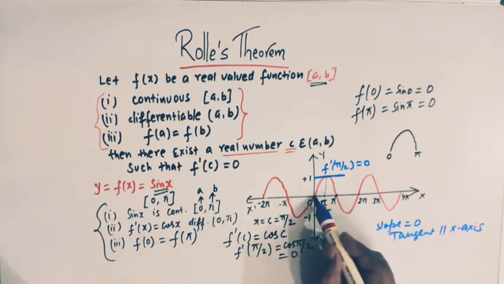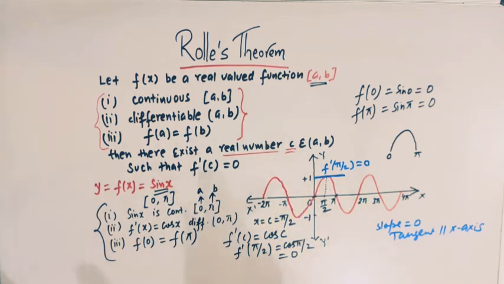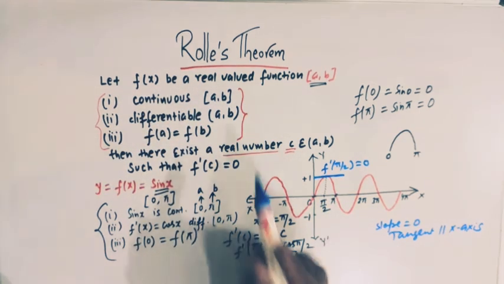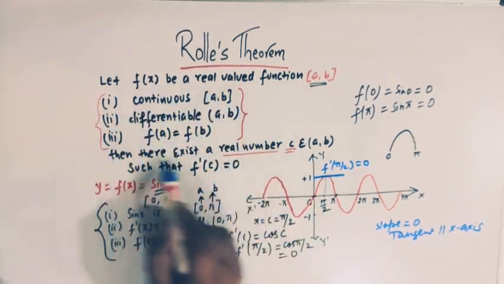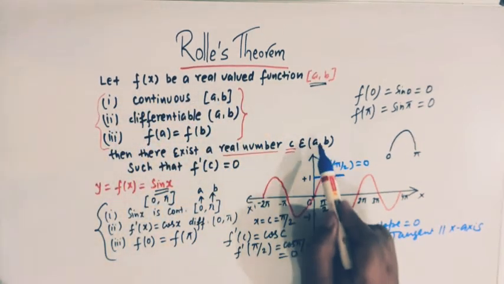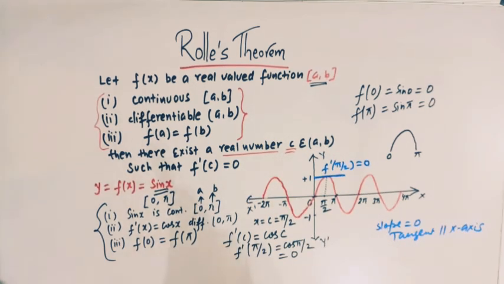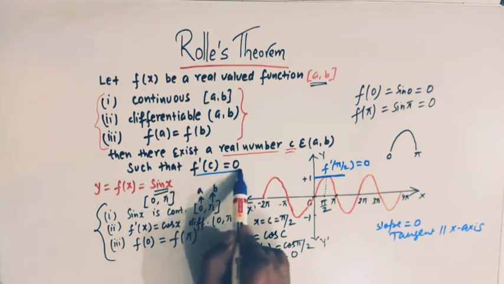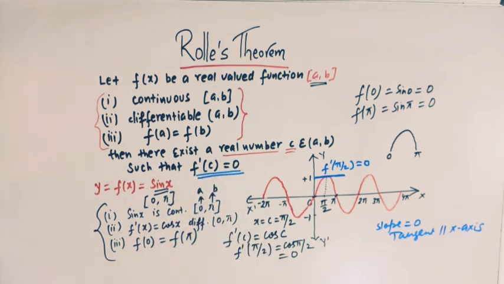So here if we take the interval 0 to pi, then there is at least one point. Rolle's theorem says that when a function satisfies all these three conditions, then in the interval a comma b, there must exist at least one point at which the derivative of the function must be equal to 0, right?